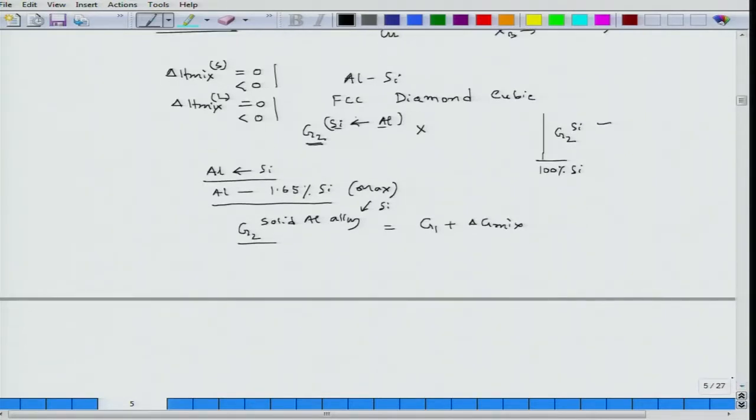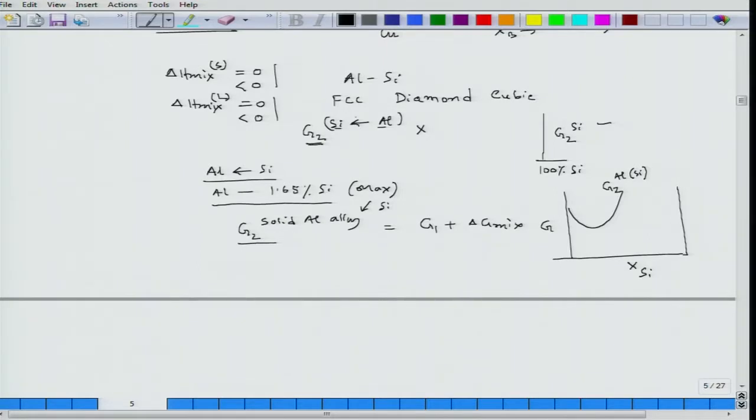I mean to say, if I try to plot the extent of the G2 line, this is X B, or in this case it will be X silicon, and this is G. So, this would be my G2 aluminum silicon. This will be shorter, not extending over the entire range of compositions from 0% aluminum to 100% silicon, because it cannot contain that much.